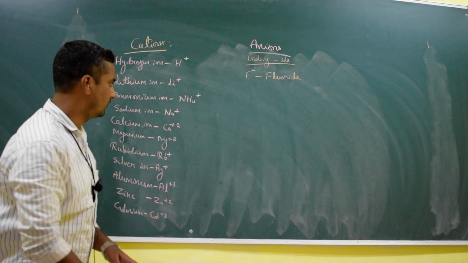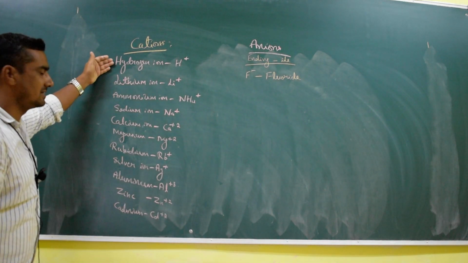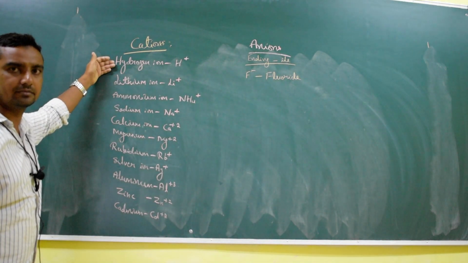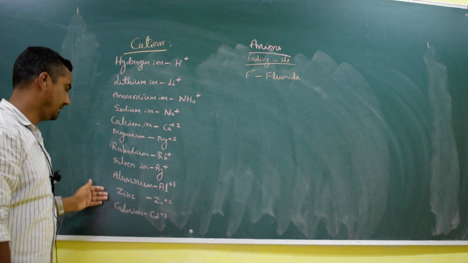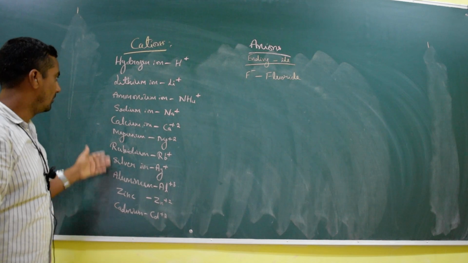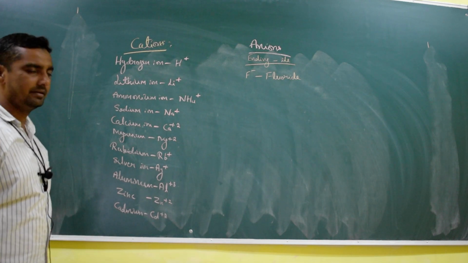Remember, if we go for cations, the name is the same as the name of the element: hydrogen, lithium, aluminium, rubidium, ammonium, zinc, cadmium, the name as it is.